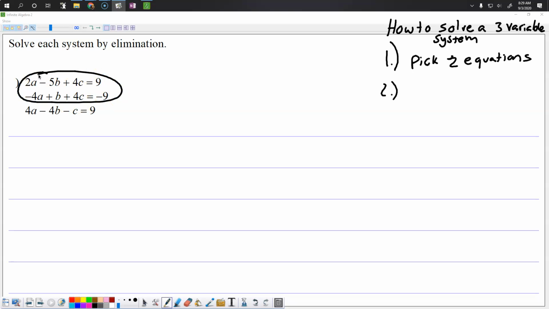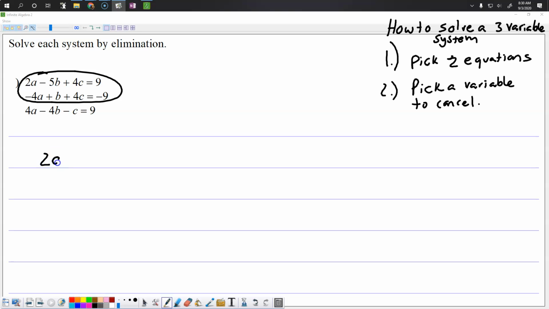The next thing you're going to do is pick a variable to cancel. So I'm just going to go ahead and pick A. You could pick anything you want to.